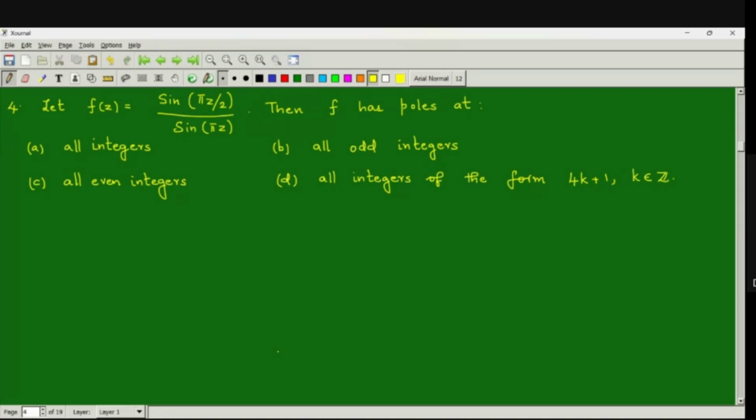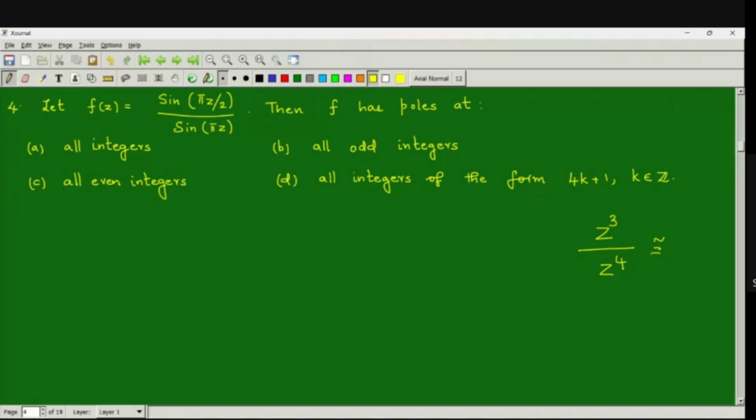So what you are telling is that if I have a function like this, we need only to check whether 0 is a pole of this or not. In this case, what is actually this thing? It is a removable singularity.